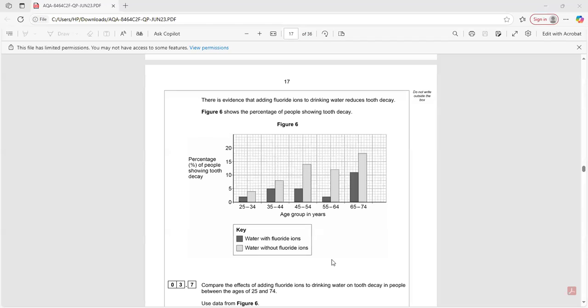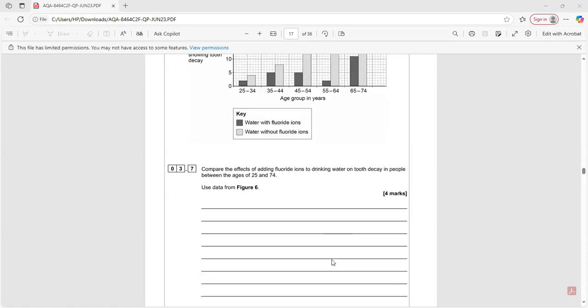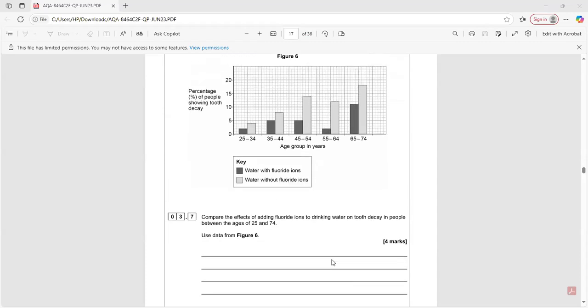Somehow it reduces the incidence of tooth decay in each age group. So the question is this: compare the effects of adding fluoride ions to drinking water on tooth decay in people between the ages of 25 and 74. Use data from figure 6. What conclusions can you draw on the effect of adding fluoride ions to drinking water on tooth decay?